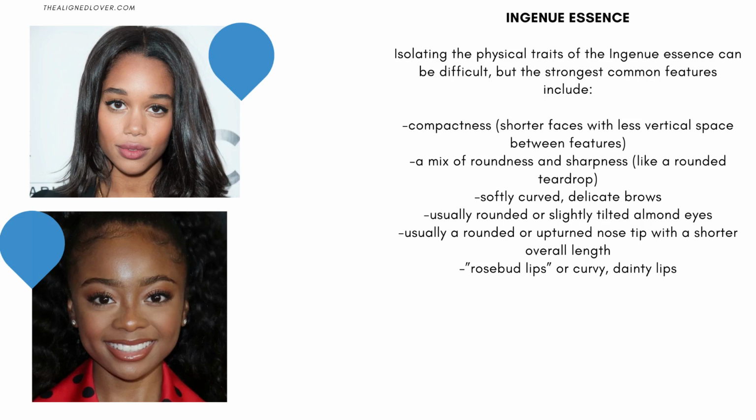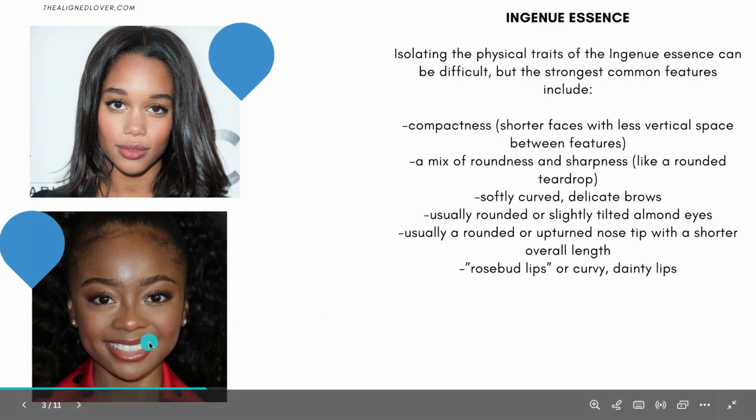Their brows tend to be softly curved and delicate, a lot more lightweight than the Gamine with the bolder brows. Their eyes are usually quite round or slightly tilted almond eyes, very doll-like. Their nose tends to be round or slightly upturned with a shorter overall nose length. Their lips are very rosebud-like, very curvy and dainty.